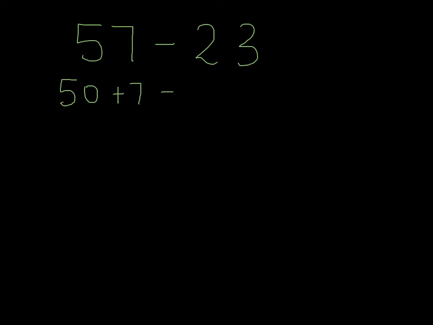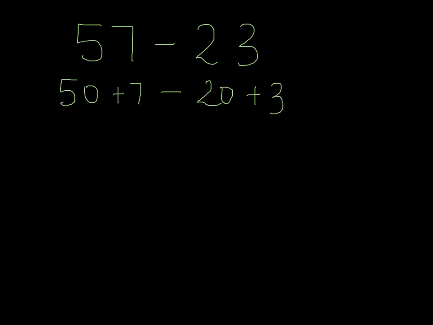Let's try subtraction now using partitioning. So I'm going to start with a smaller number like 57, take away 23. The first thing I have to do is to partition the 57. I know I have 50 plus 7, and I'm going to subtract 20 plus 3.